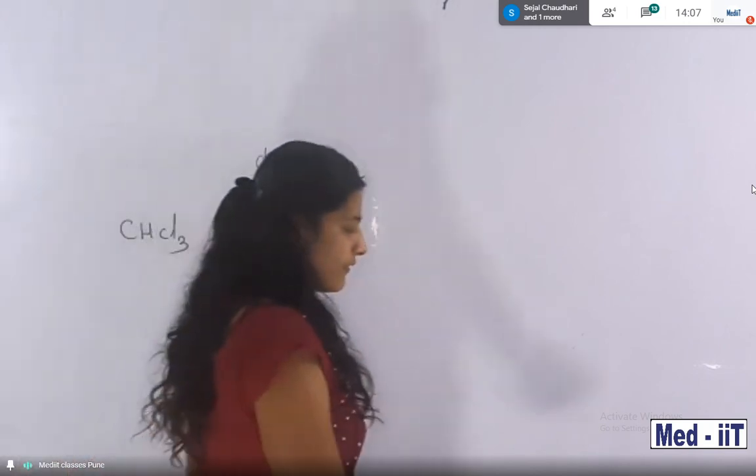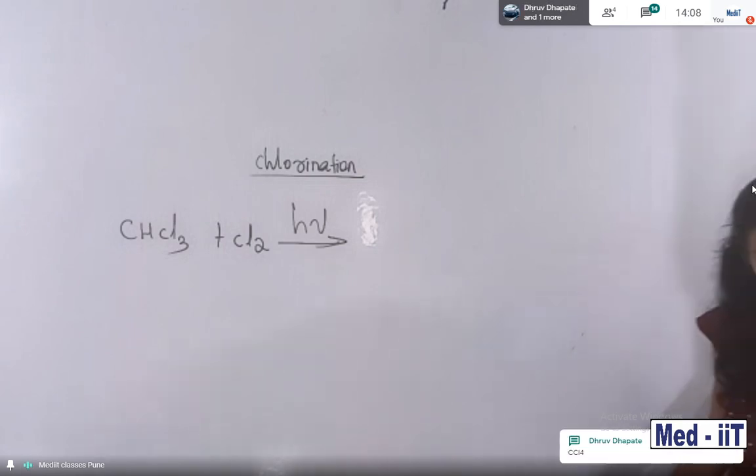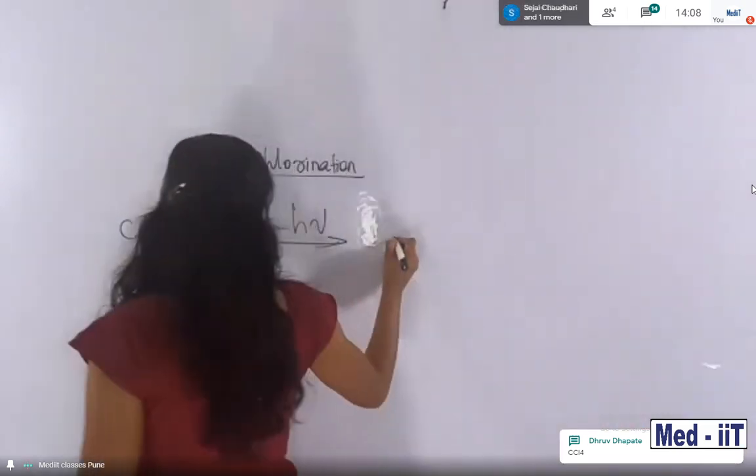Can you predict very quickly? Chlorination means like this: passage gives CCl4, right? Very good, Dhruv. CCl4.